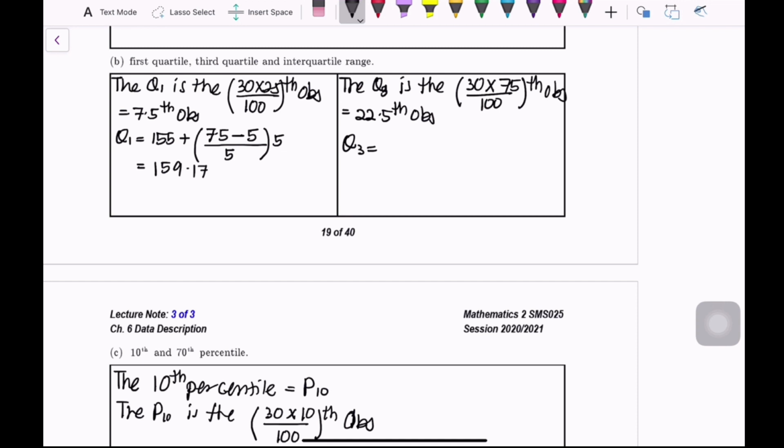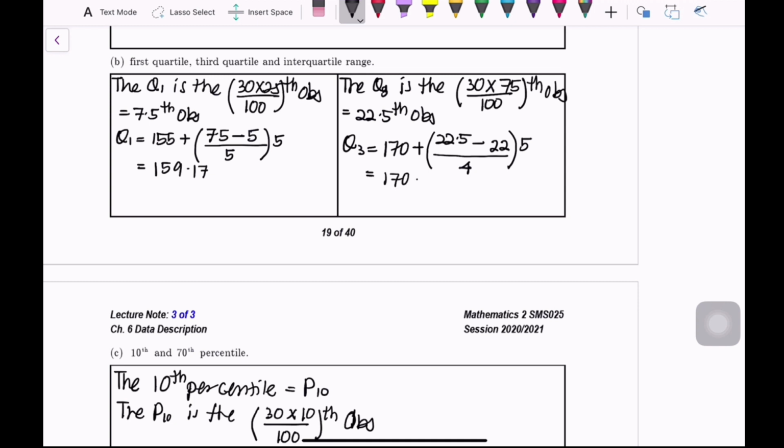Substitute into the formula: Q3 is equal to 170 as the lower boundary for the Q3 class, plus 22.5 minus the cumulative frequency before Q3, which is 22, over the frequency for class Q3, which is 4, times C, which is 5. So Q3 is equal to 170.625.